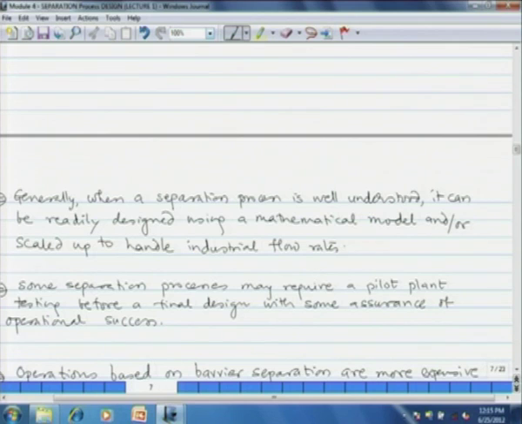Generally, when separation process is well understood, it can be readily designed using a mathematical model and scaled up to handle the industrial flow rates. Now, elaborate mathematical models are available for processes which are in operation in chemical industry for last 1 century, that is absorption, then liquid extraction, distillation.